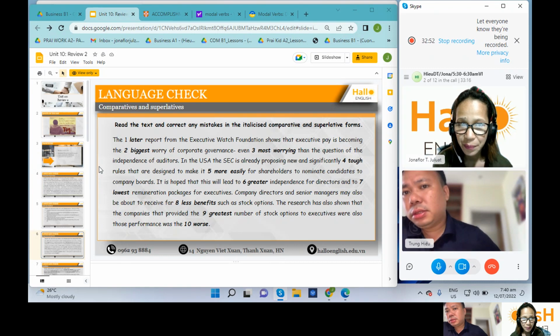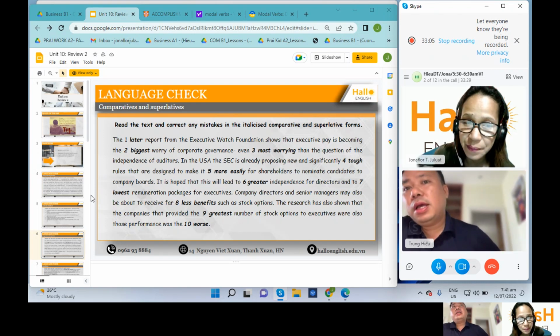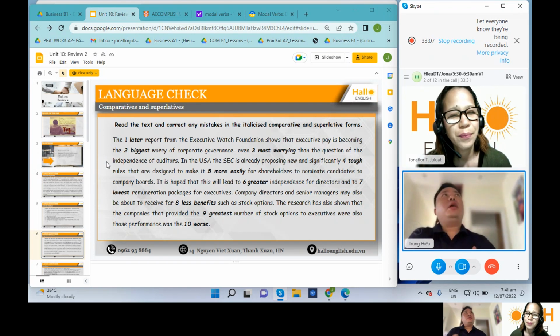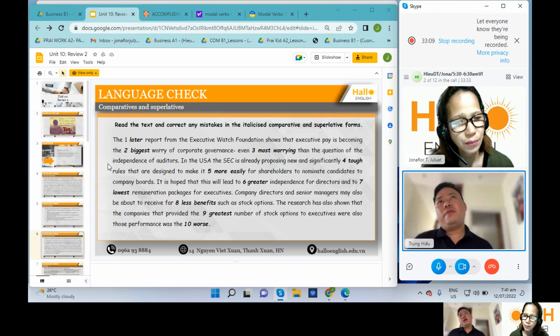And then pay is becoming the bigger worry. The biggest, yes. Good. So I think when it has the in front, it becomes est.